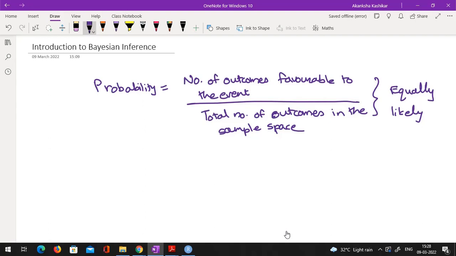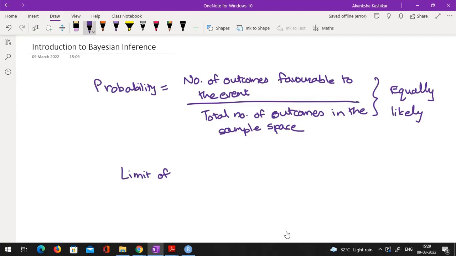Limit as n tends to infinity of m upon n, where m is the number of heads and n is the total number of tosses.